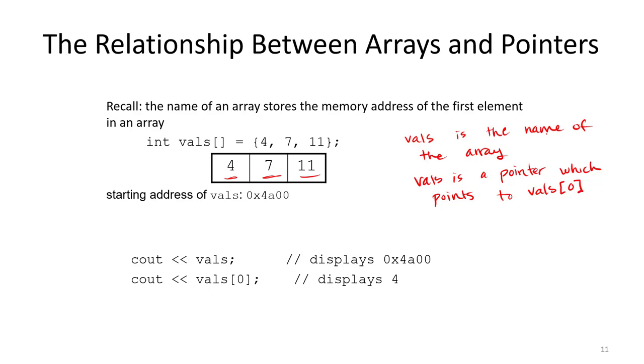Since vals is the name of the array, it stores the memory address of vals element 0. So if I just write cout vals, I get the memory address where vals is stored. If I cout vals element 0, I would get the number 4.